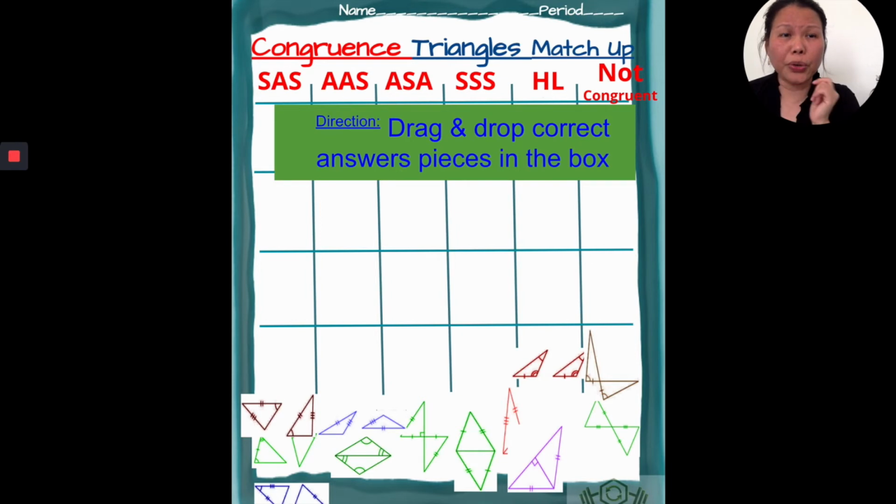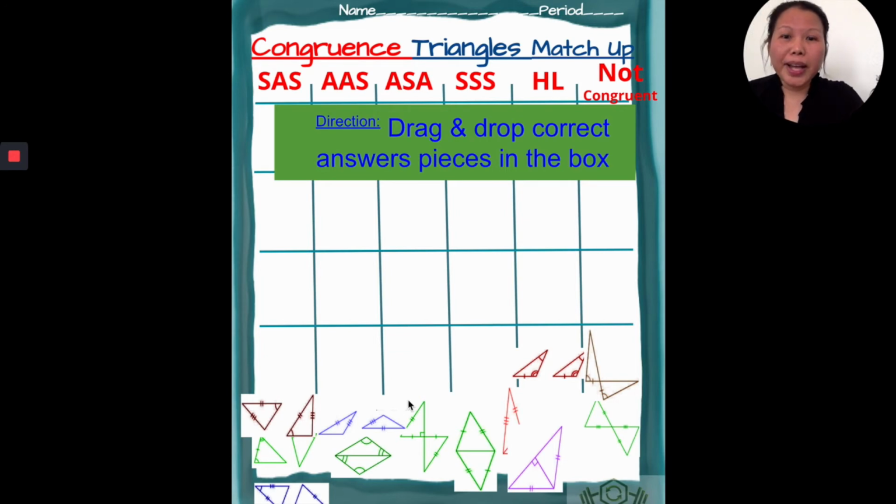I just want to show you that just in case you might see it in another textbook. Not congruent. Remember 2 reasons we cannot use for congruent: angle-angle-angle, and SSA, side-side-angle.